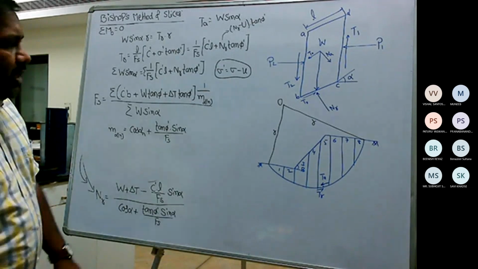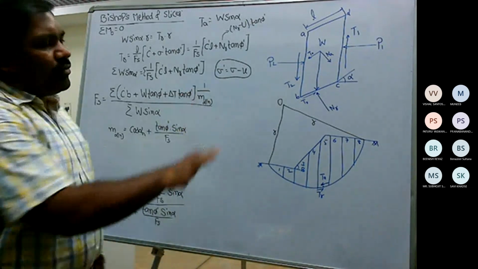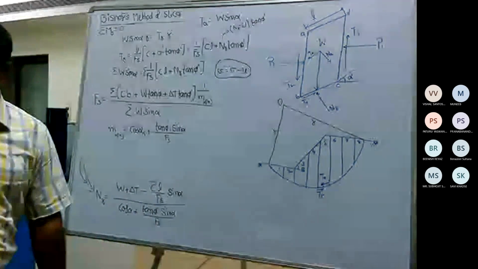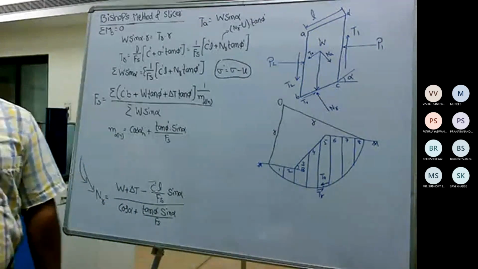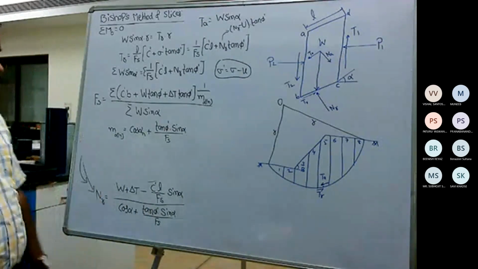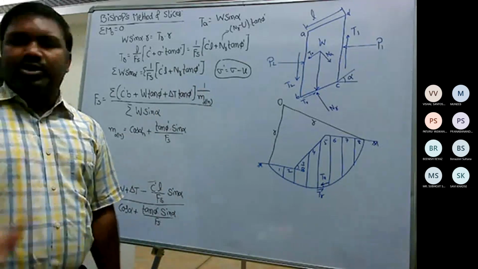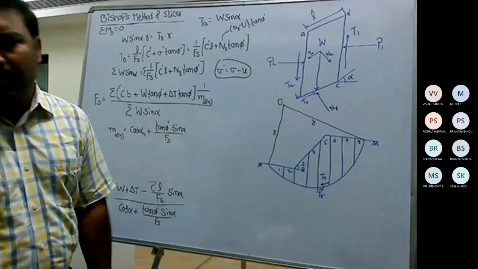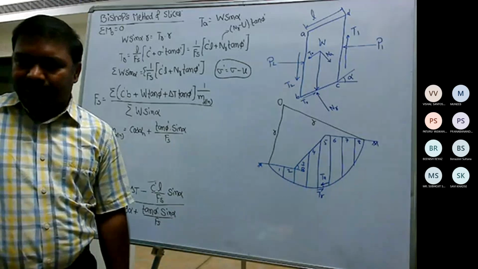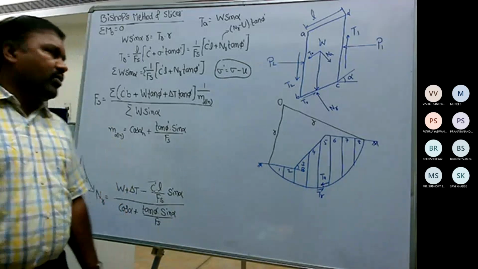Okay. Now, if you are asked to solve any problem manually, it takes a tremendous amount of time. That's why the method of slices or Bishop's method will be solved preferably by analytical software. That is quick.